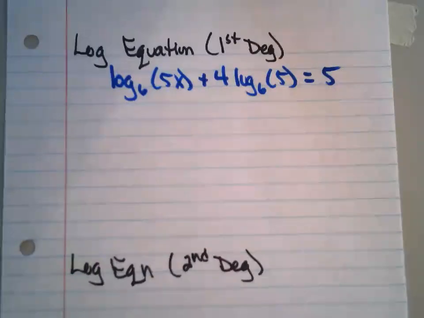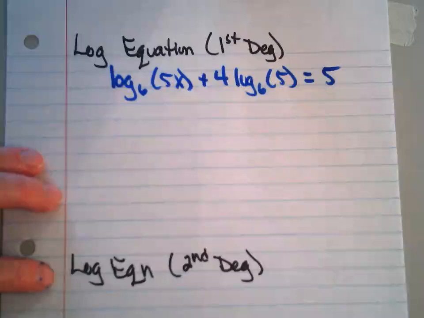If you're wondering where these questions are coming from, they're coming straight from a Delta Math assignment, the same type of Delta Math assignment that you are going to do for your homework tonight. I'm not just making these up out of the blue.